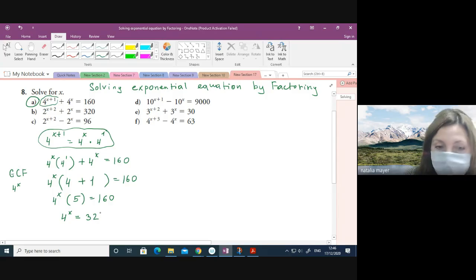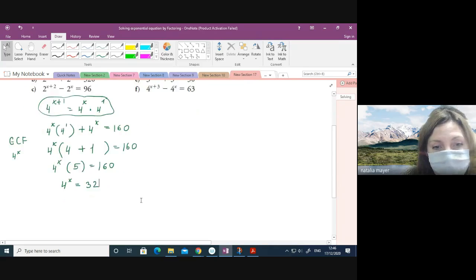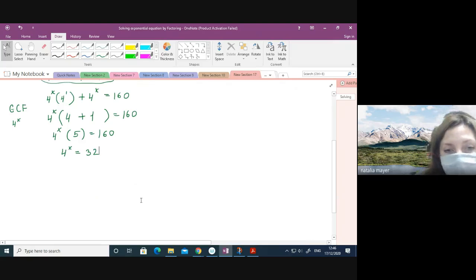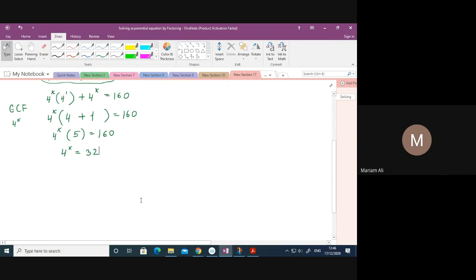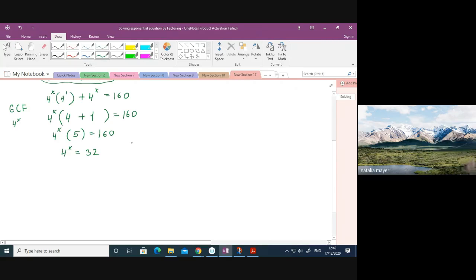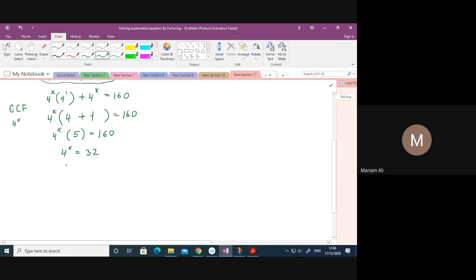And now, like yesterday, remember? Can you replace 32 with a power of 4? Which power of 4 is 32? There is none. I did the log, so I got 2.5. Yes, you're supposed to do log. Exactly.